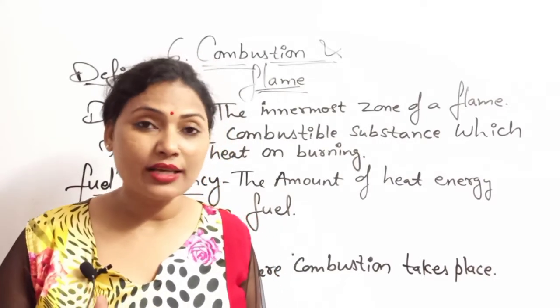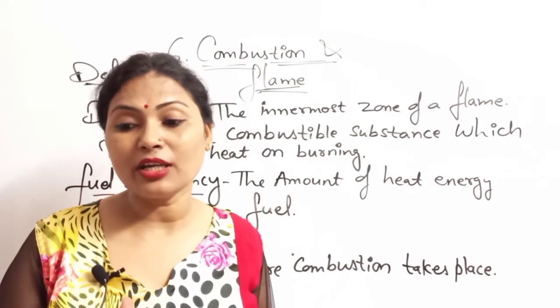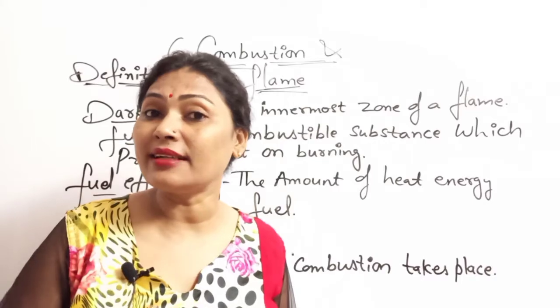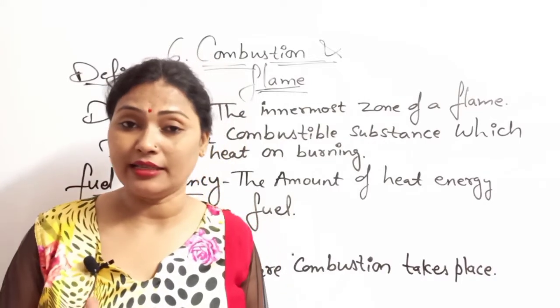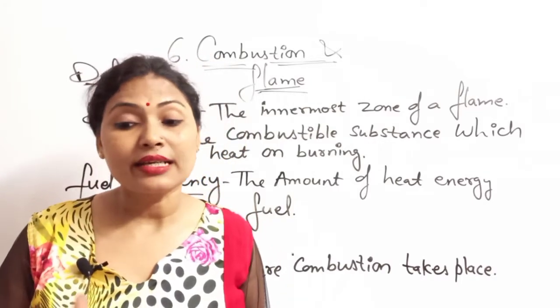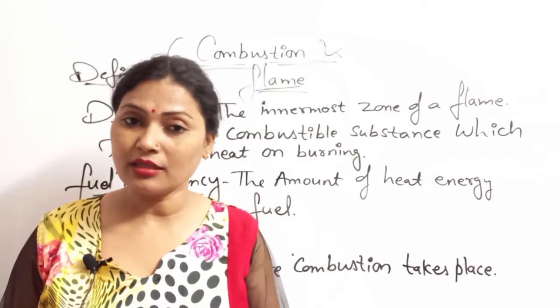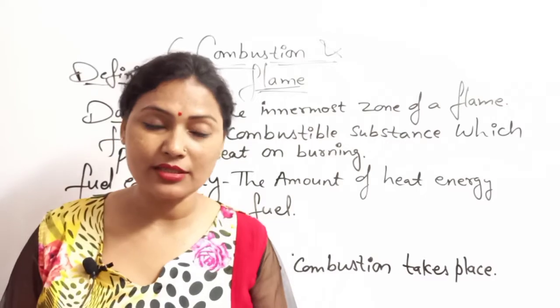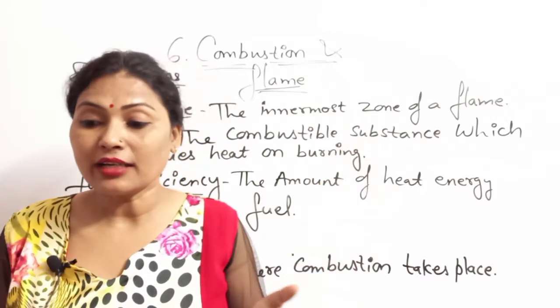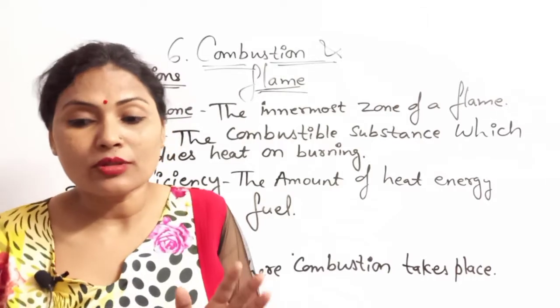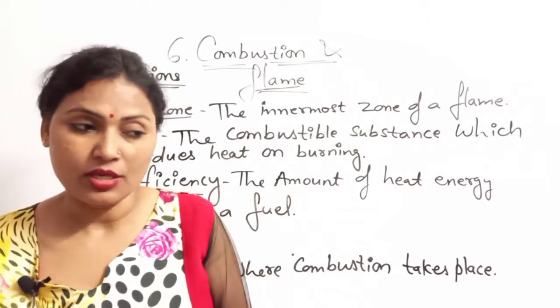Rapid combustion is there. Rapid combustion means combustion in which the fuel produces heat and light almost instantly. That is known as rapid combustion. Means whenever you strike a matchstick, it will start to burn instantaneously.